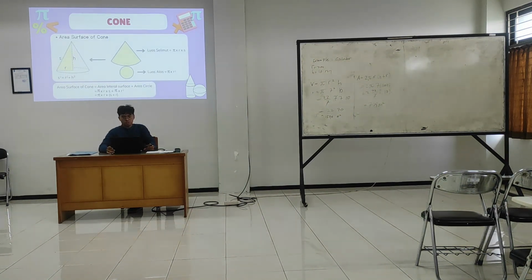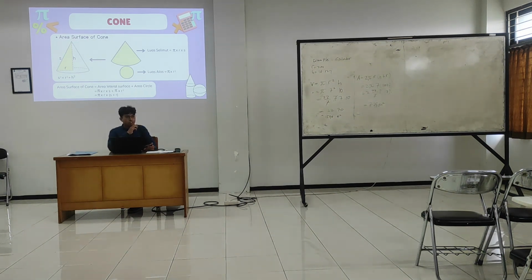So the area of the lateral surface of the cone is pi r times s. The s is found by the Pythagorean theorem, which you have learned in the previous session. And the area of the circular base is pi times r squared.